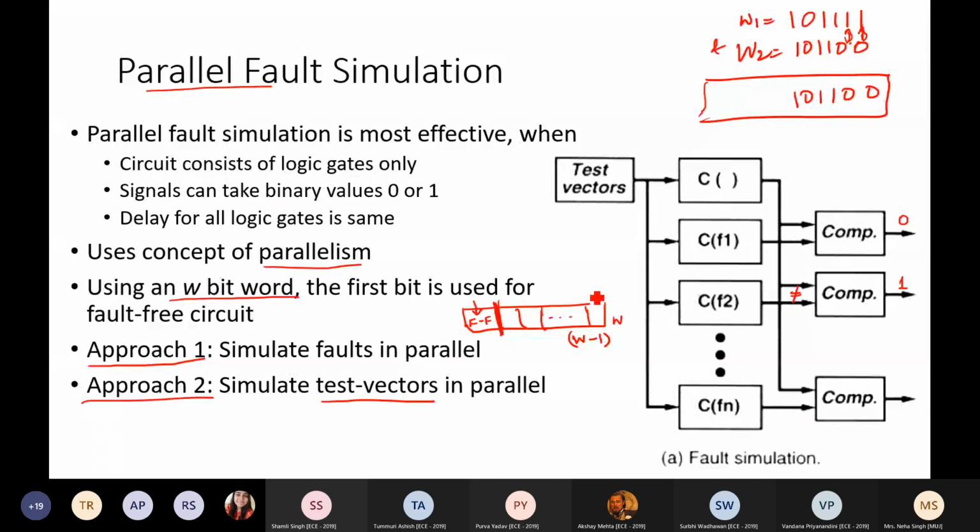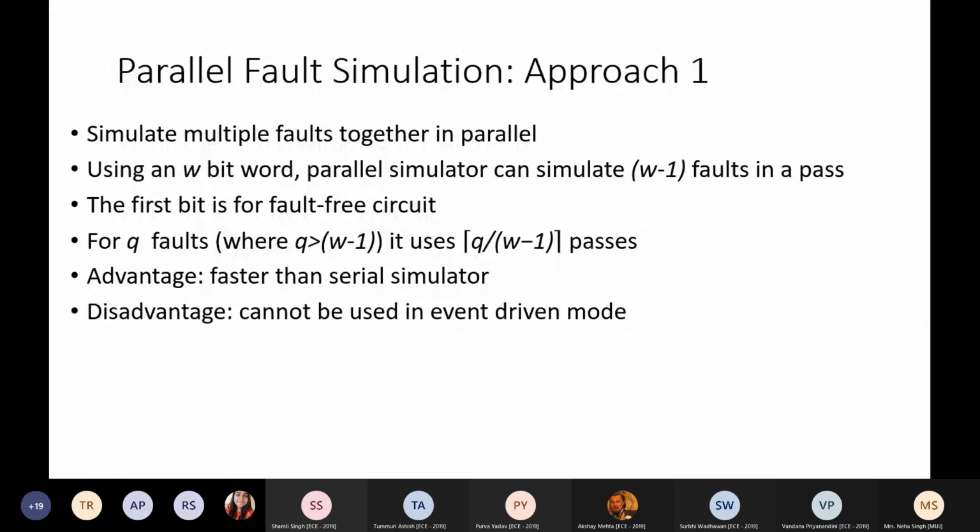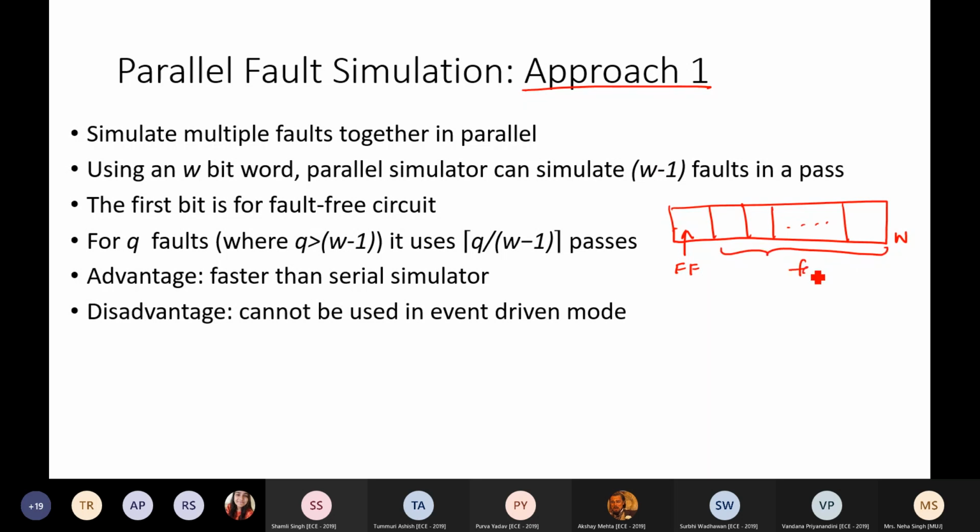Looking at approach 1, which uses multiple faults simulated together, we use the word with W bits. Total W is the width, out of which the first one is for fault free circuit and the rest are the faults which need to be considered.